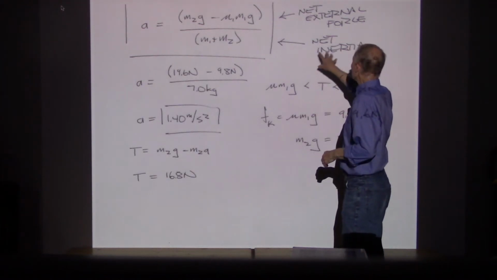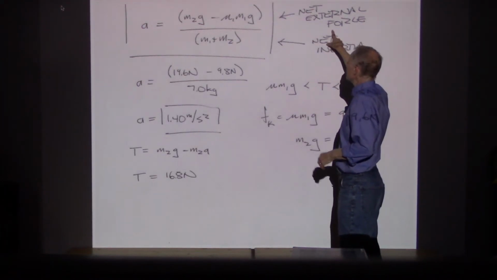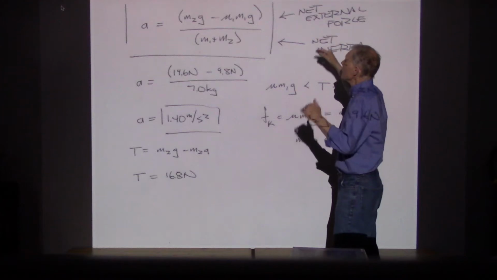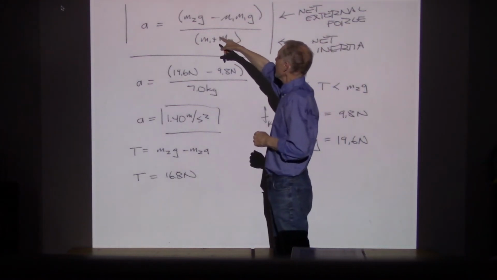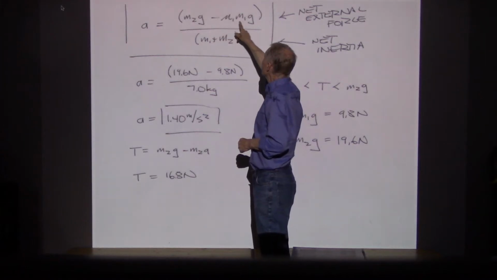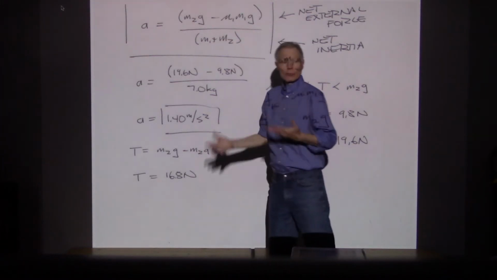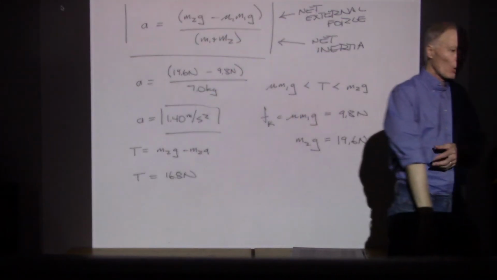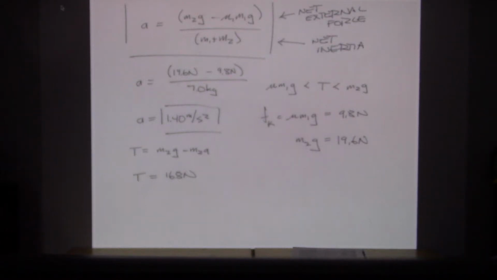In the denominator, we're getting the net inertia. Back in chapter 4, this whole thing was being driven by gravity. But now, in addition to gravity, there is a frictional force, and the frictional force is opposing gravity.